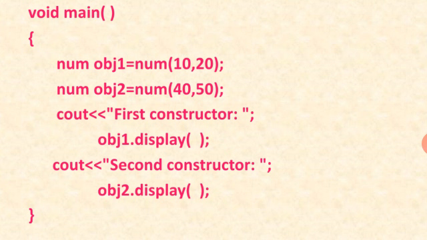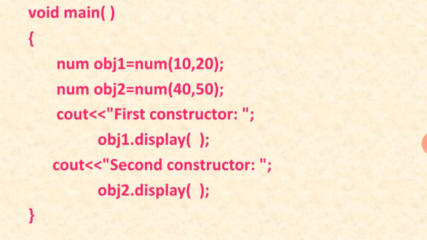After that I am using the constructor values. I want to display the values of the first object, so I write obj1 dot display, and in the second display call I will display the values of the second object, obj2 dot display.